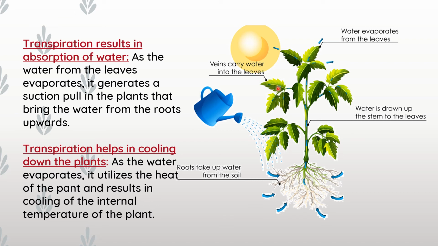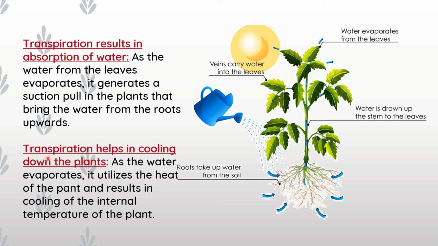When transpiration happens, the water automatically enters the plant. So that is the first function of transpiration: it results in absorption of water. If transpiration is not there, absorption of water is also not there. Transpiration helps to absorb more water.